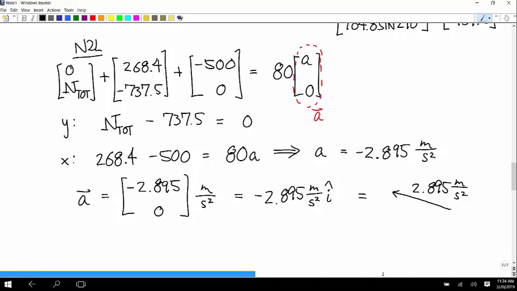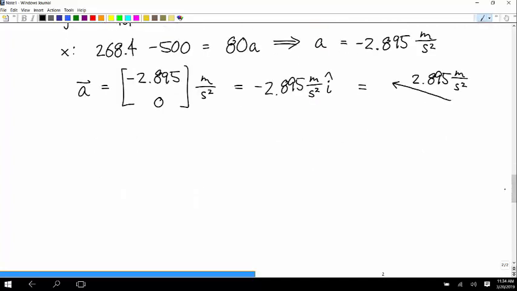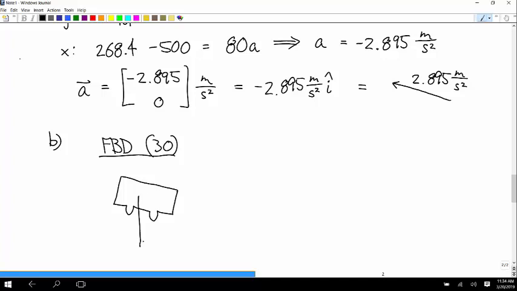Any other questions about that part? And then for part B, now we're trying to calculate the force on the 30 by the 50. So what are we going to isolate? The 30? Yeah. So the forces acting on the 30 are a weight force.